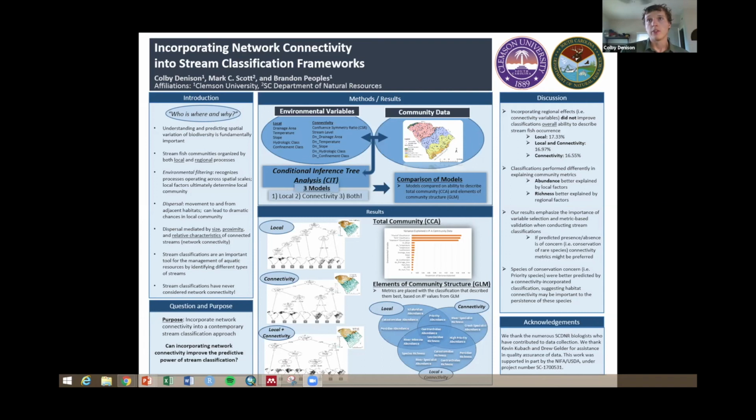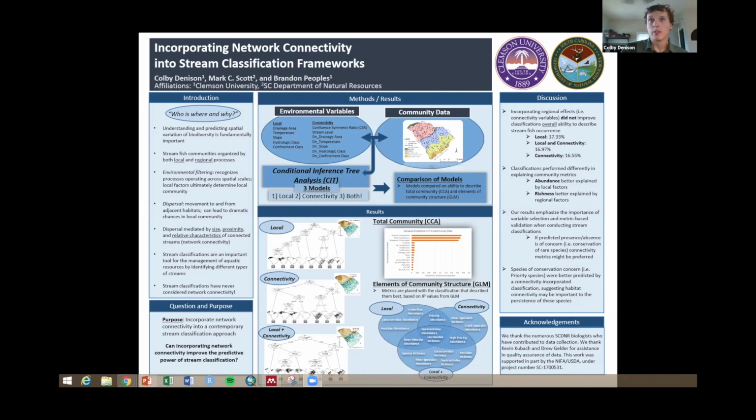And so this kind of just emphasizes the importance of the variables you choose when you're building a stream classification, and that using this kind of metric-based validation approach where you look at different aspects of the community, you can kind of see that even if you're describing everything overall equally or relatively equally, each classification is working on different elements of the community.